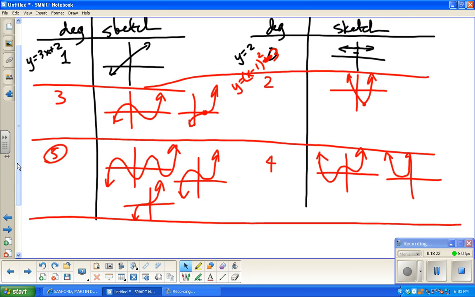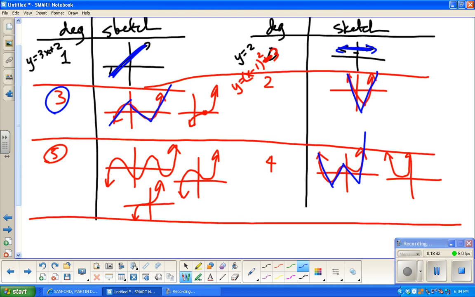So 0 degree, horizontal, not very exciting. 1st degree, I'm going in one direction. 2nd degree, I'm going in 1, 2 directions. It doesn't really have a corner. 3rd degree, 1, 2, 3 directions. 4th degree, 1, 2, 3, 4 directions. So I'm going from increasing to decreasing to increasing to decreasing. That's kind of what I mean by this.